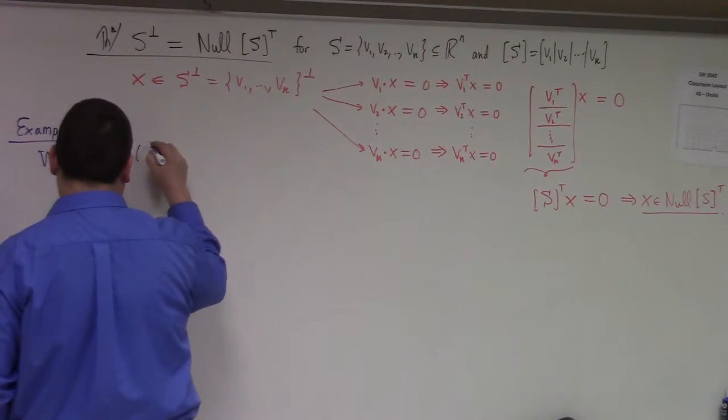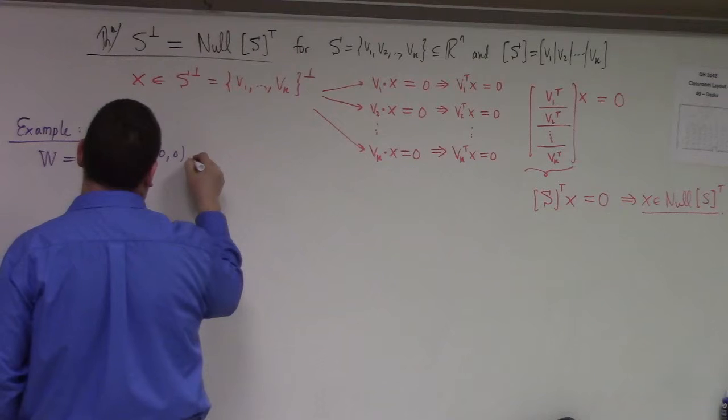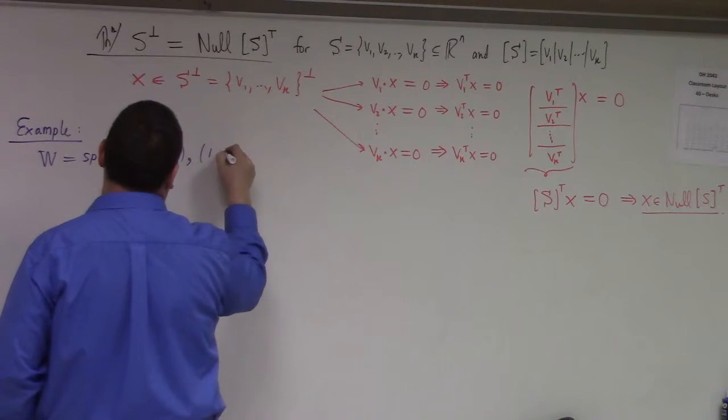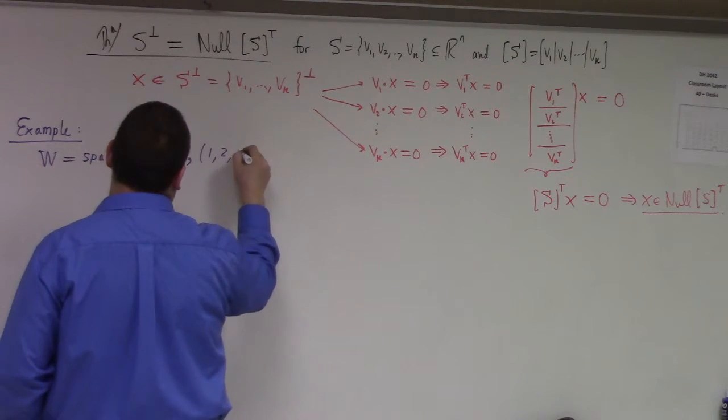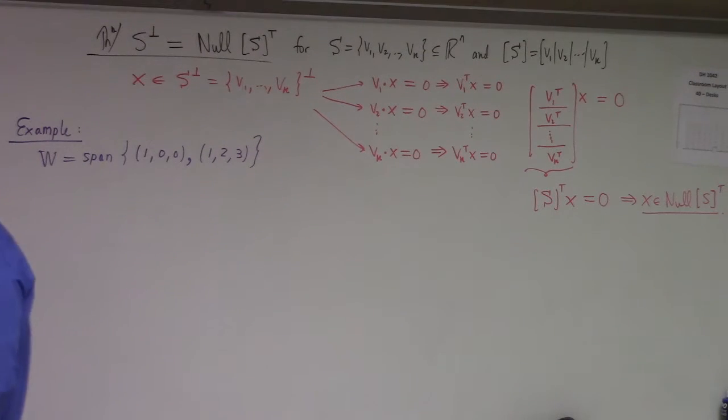Let's say (1, 0, 0) and (1, 2, 3). It's relatively simple. So now the question is as follows. Find an orthonormal basis for W. All right. Step number 1.